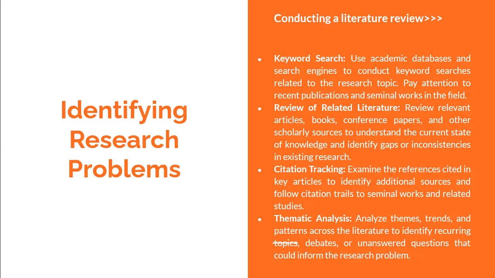Examine the references cited in the key articles to identify additional sources and follow citation trails to seminal works and related studies. Then we have to do the thematic analysis. Analyze themes, trends, and patterns across the literature to identify recurring topics, debates, or unanswered questions that could inform the research problem.